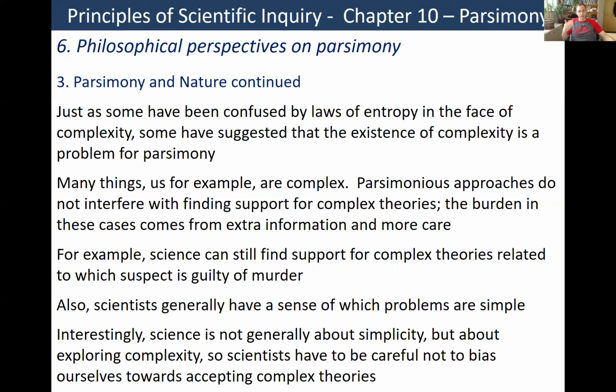So there's many different parameters in a model of climate. Interestingly, science is not generally about simplicity, but about exploring complexity. So scientists have to be careful not to bias ourselves towards accepting complex theories or favoring simple theories to where the data tell us we should do otherwise.